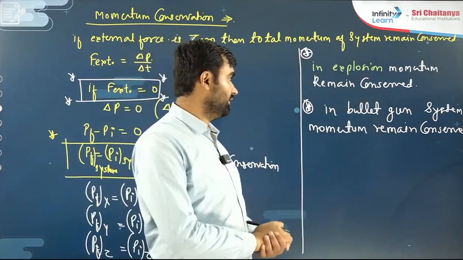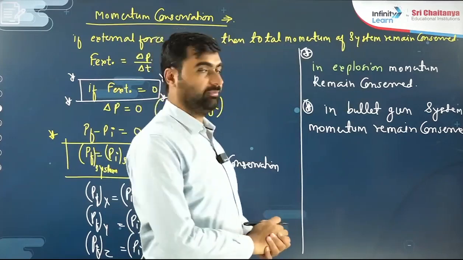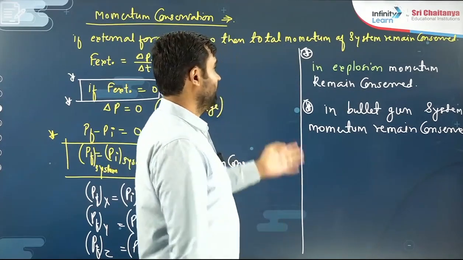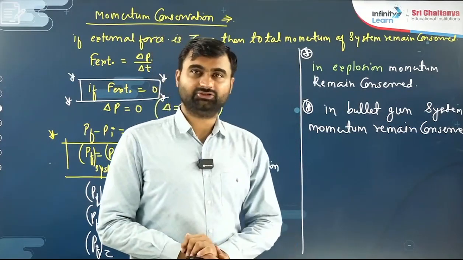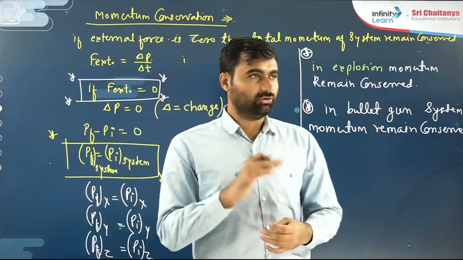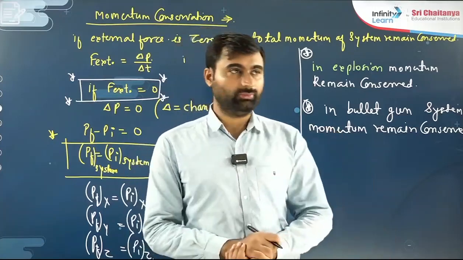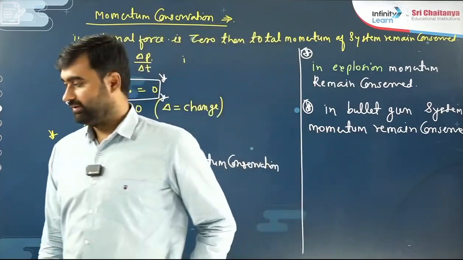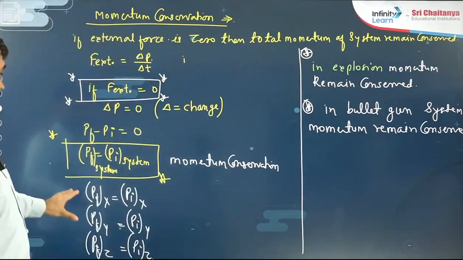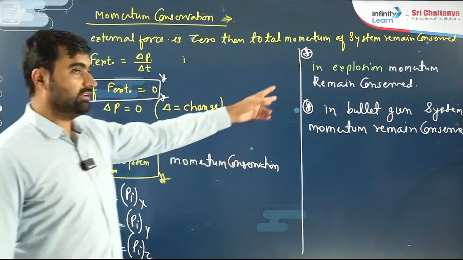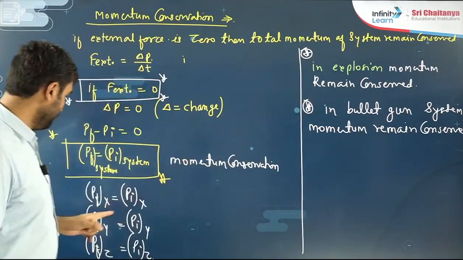Okay, we understood that in the bullet gun system momentum remains conserved, and in explosion momentum remains conserved. Other cases are also there, but today we will discuss only these two topics. If this system comes, what do you have to do?